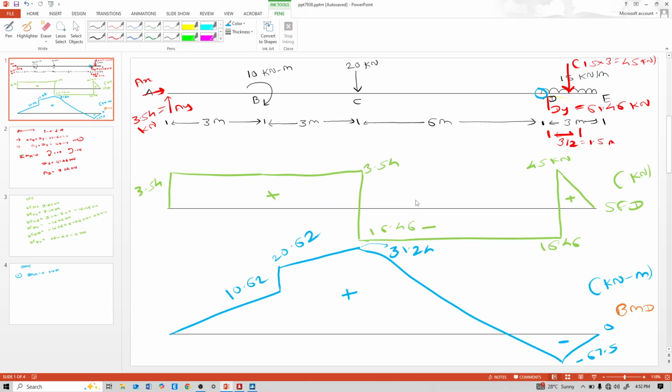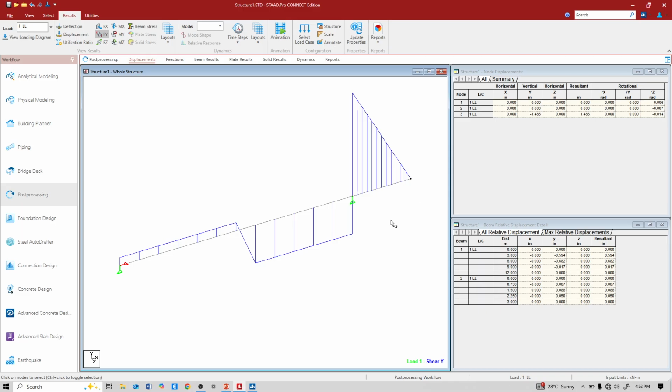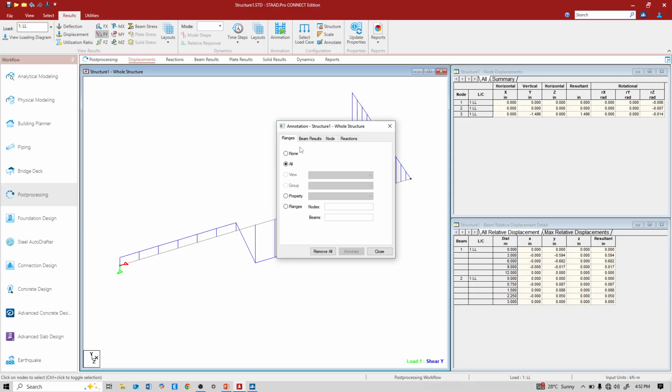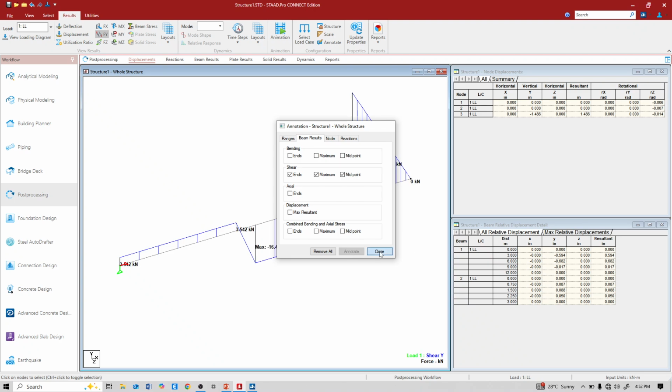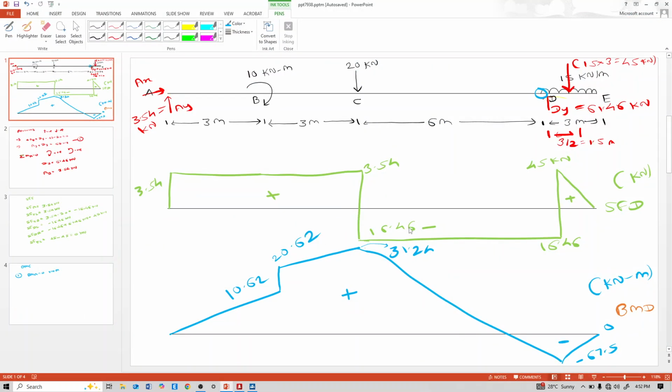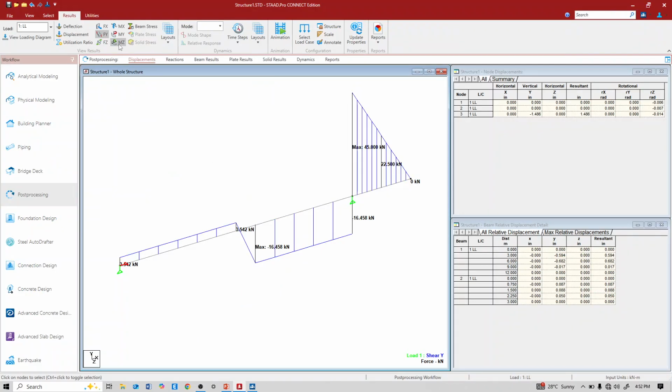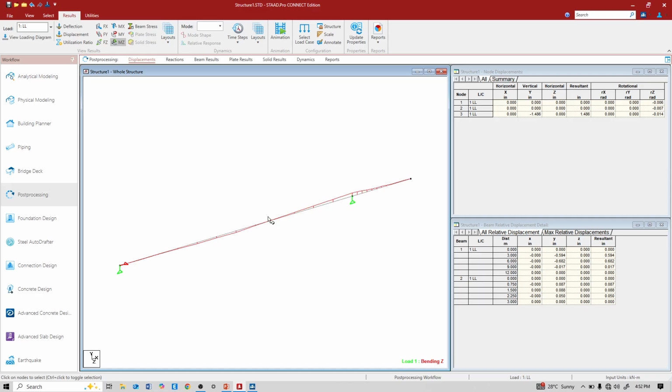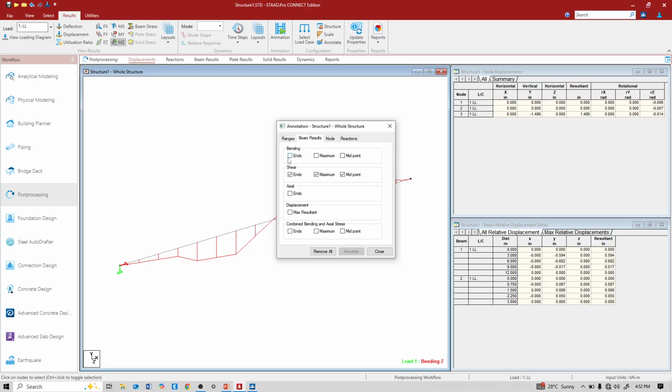Our manually calculated is not as per scale. StaadPro calculated is as per scale. So it is 3.54, 3.54, 45, 45. Correct. 16.4 by 16.46. Yes, correct. Now see moment. Annotate beam result, bending.